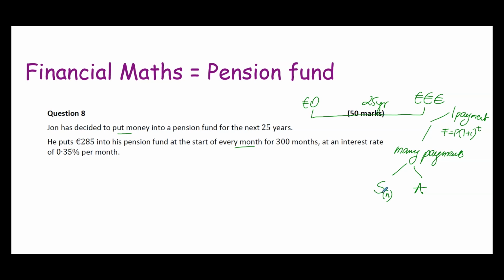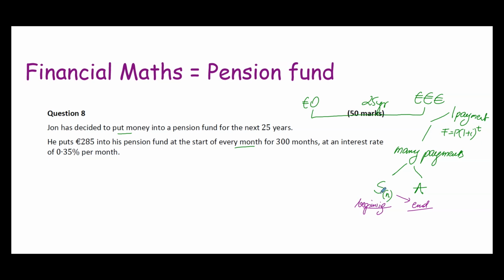When it comes to the amortization formula, we have to be paying at the end of the period. If he is paying at the beginning of the period, doesn't matter whether it is monthly, weekly, yearly, that amortization formula is not going to work for us. However, the formula for the sum in geometric sequence will work for the end of the period and the beginning of the period as well.